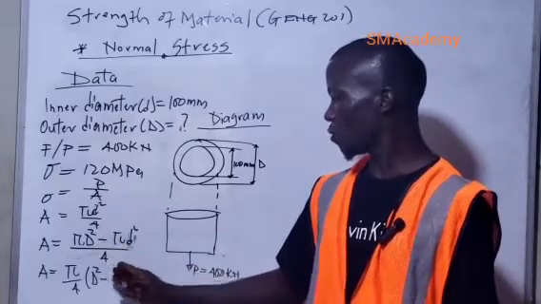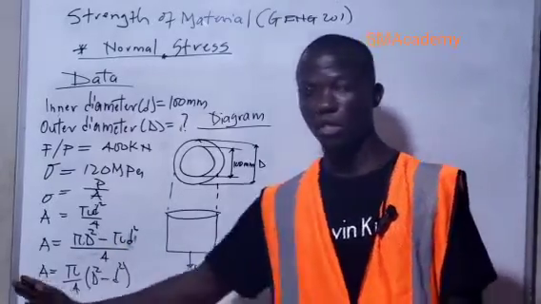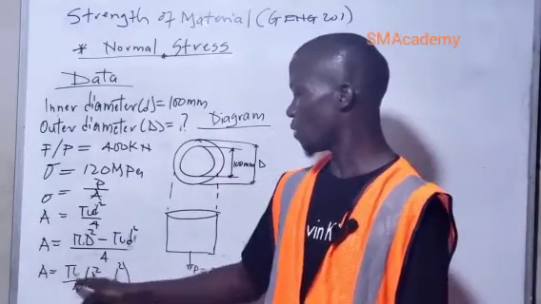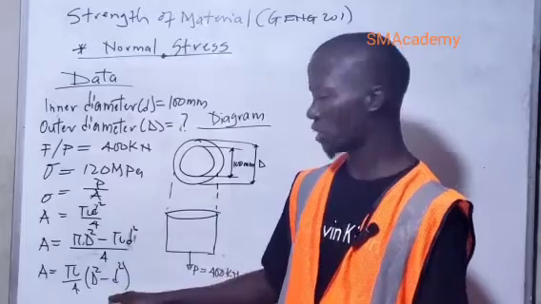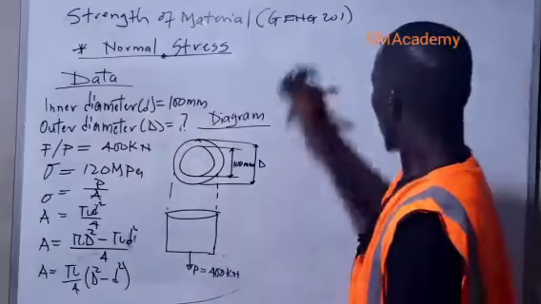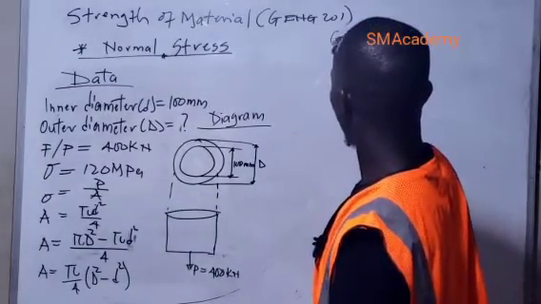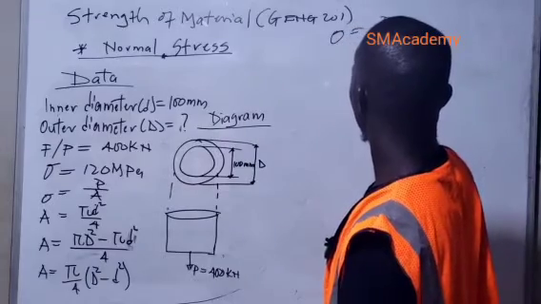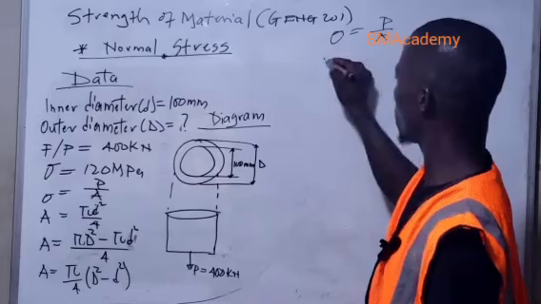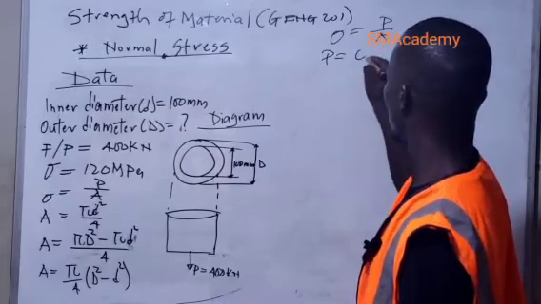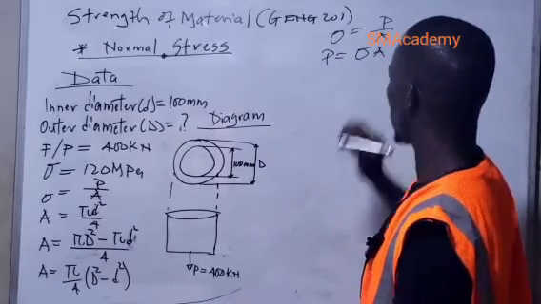Since pi over 4 is common to them, we factor it out. So the area is equal to pi over 4 times the outer diameter square minus the inner diameter square. So here we can say the stress is equal to the force over the area. We make force the subject, so the force is equal to stress times area.